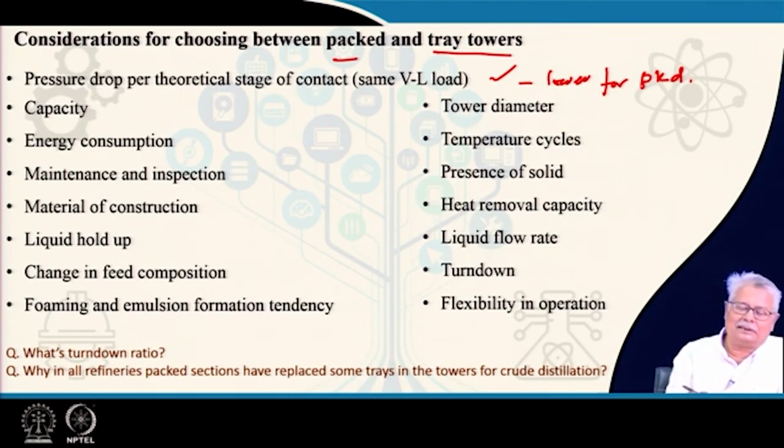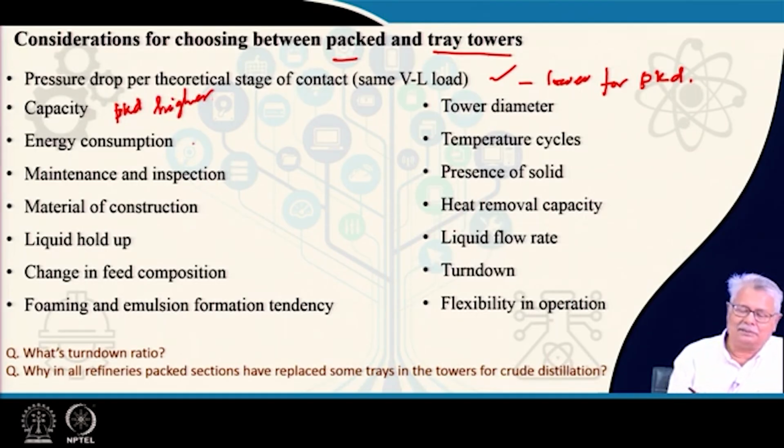Then if we look at capacity, the same thing follows from the previous one itself. That means, if we have the pressure drop as a limitation for my tower, the capacity would be higher in case of packed. So, in case of packed, the capacity will be higher.